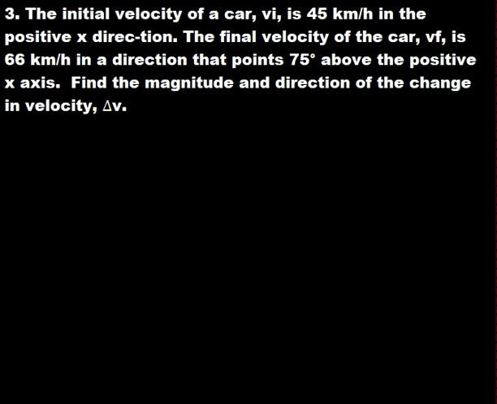And now let's say this is the question. The initial velocity of a car is a vector v1 with a magnitude of 45 kilometers per hour in the positive x direction.